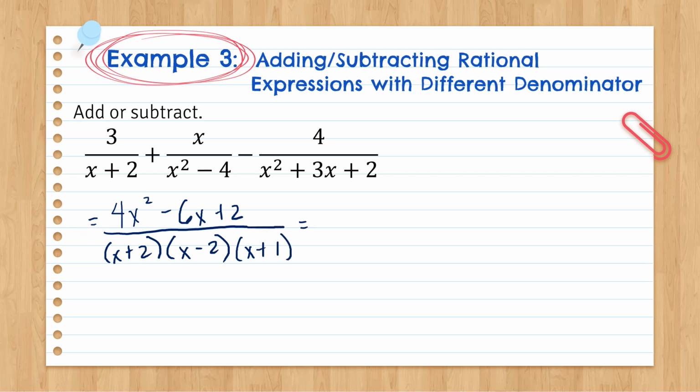Now, kukunin natin ang factor ni numerator para makapag-cancel out na tayo. So, notice na ang ating numerator ay divisible by 2. So, we can divide out by 2. So, 4x squared divided by 2 will give us 2x squared. Then, negative 6x divided by 2, we have negative 3x. Then, 2 divided by 2 is 1.